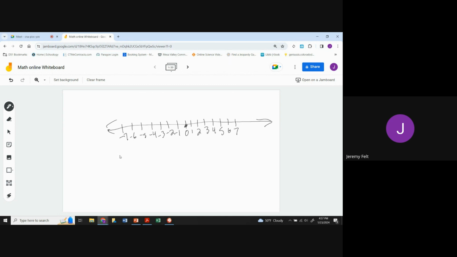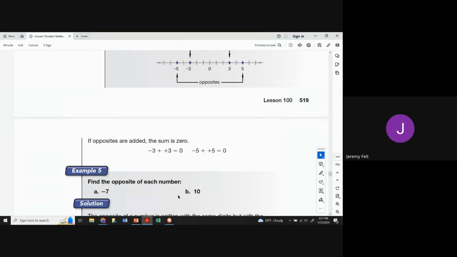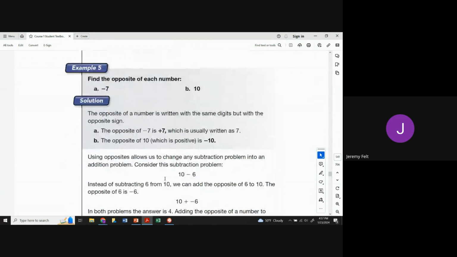Okay, but this is the origin. This is 0. So I'm 7 to the left. So the opposite of that means I'm 7 to the right. So -7 and 7, or +7, are opposites because they're the same distance from the origin. And then 10, well, 10 to the right, if we went 10 to the left, that would be -10.